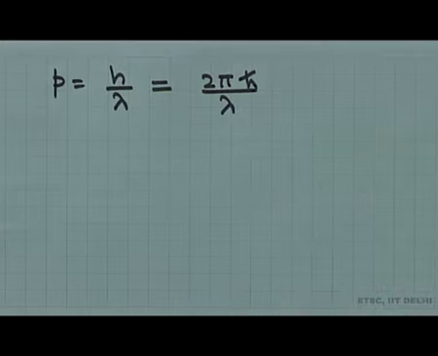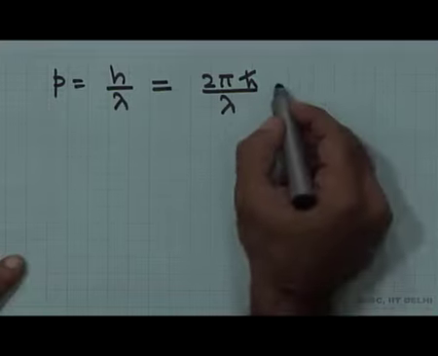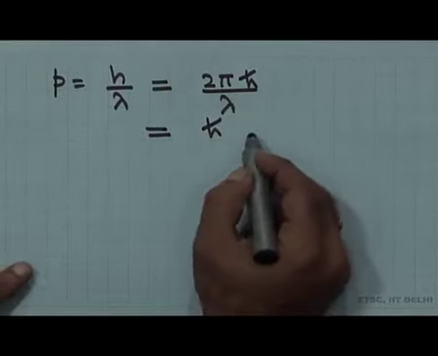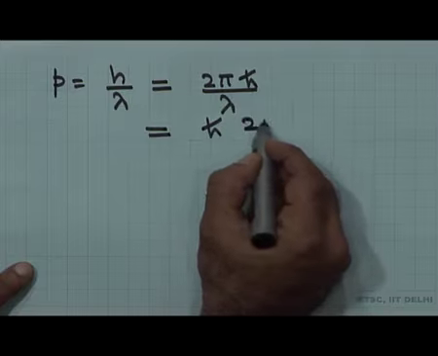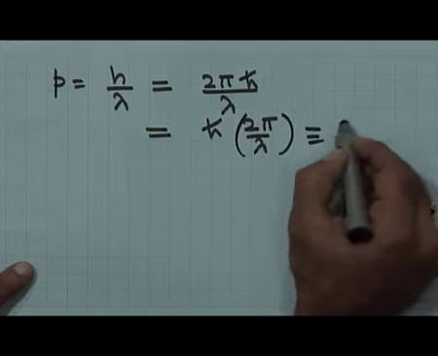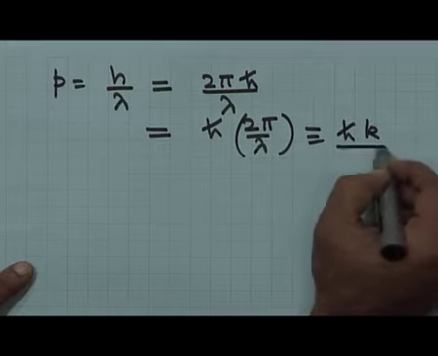That is what I have. So you should know that h bar is a more commonly used quantity than the original Planck constant itself. And if I write it as h bar into 2 pi by lambda, this is identically denoted as h bar k.